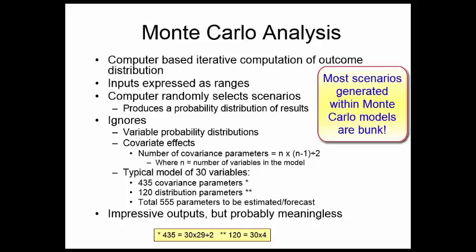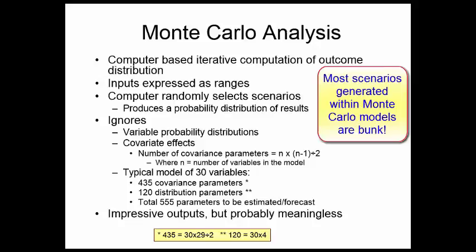One development of the Monte Carlo analysis that was intended to overcome this problem was the ability to add covariate estimates. And so the principal disadvantage of the Monte Carlo analysis, and that is that each of the variables is simply randomly estimated or guessed, independent of the others, is overcome.